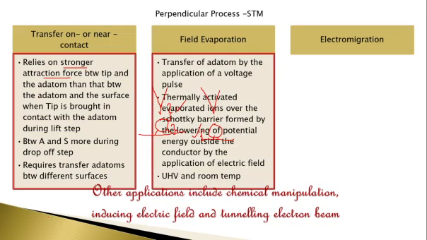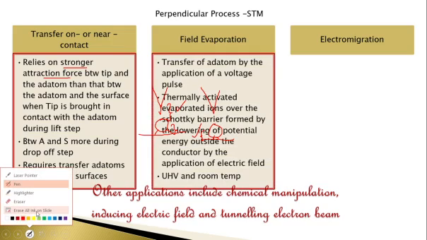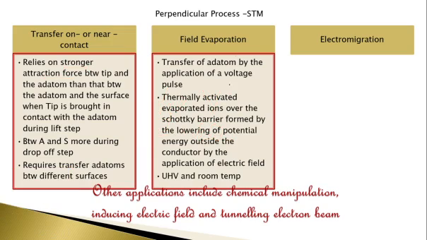Okay. Now in the next kind of perpendicular method, you have transfer of the adatom by the application of a voltage pulse, and hence the name field evaporation. On application of voltage, it will be thermally activated and the ions will be evaporated over the Schottky barrier formed by lowering of potential energy outside the conductor by the application of an electric field.